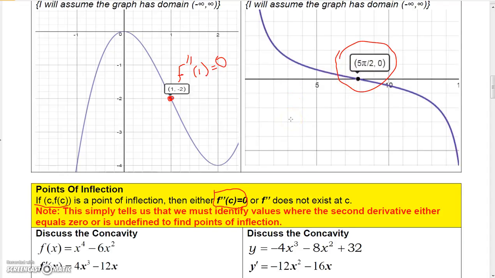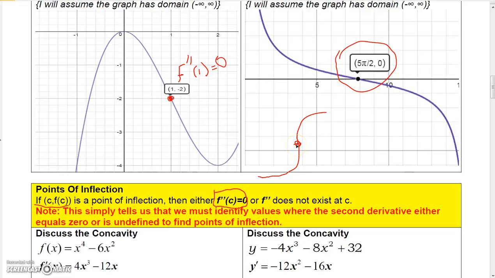Now there's also the case for when the second derivative is undefined. Let me just show you that. If you look at something like this, right in here it changes from concave up to concave down. Well, you get a vertical tangent line right here, so the first derivative would not be defined, therefore the second derivative would not be defined either.